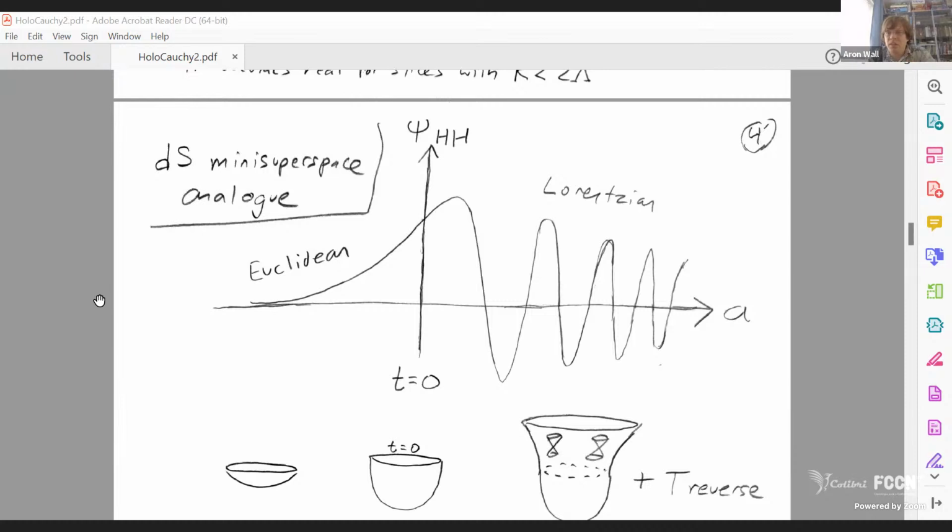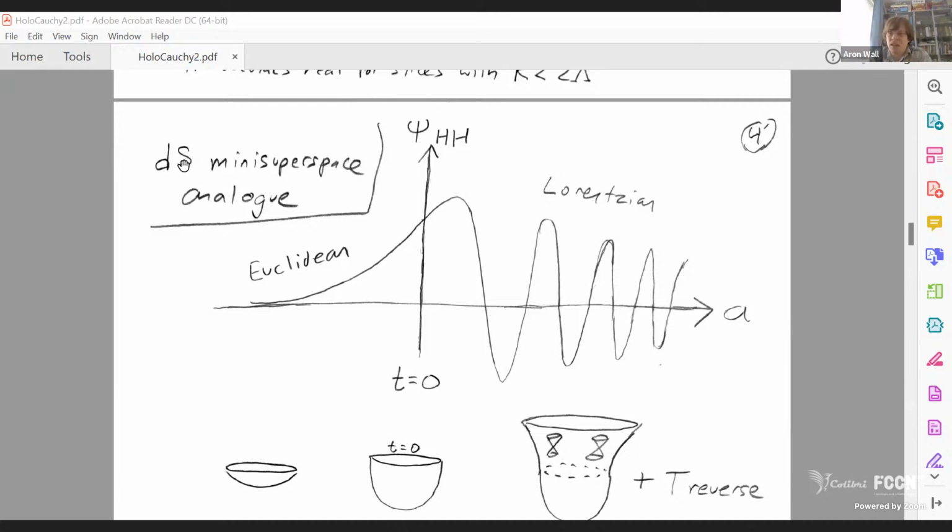suppose you're doing cosmology, and to make things simple, we'll do what's called minisuperspace cosmology, where the only variable you consider is the scale factor of a maximally symmetric universe. So let's say we're doing de Sitter, and we just have spheres with some scale factor A. We're going to take the cosmological constant to be positive in this example, so that the classical solutions would be de Sitter.